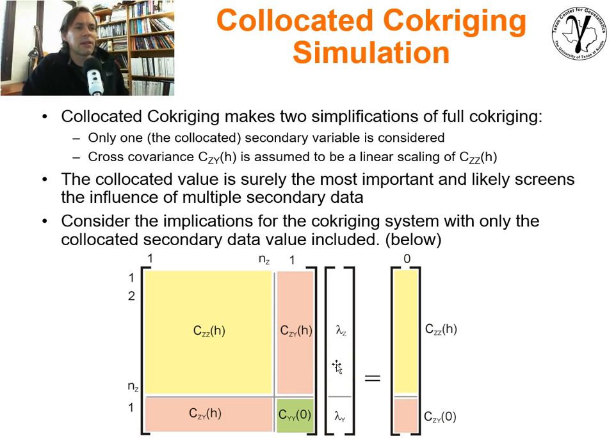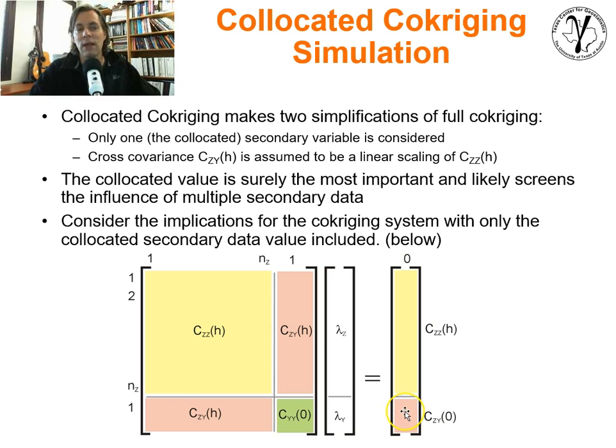Now it turns out that the kriging system is completely general. In fact, if you had a whole bunch of different secondary information at different locations and you want to also calculate their weights, another variable, you could just include them. And if you include them, this whole thing would expand out and you'd have a matrix right here, which would be the covariances between all of the secondary and primary data, and the covariances between all of the secondary data themselves.